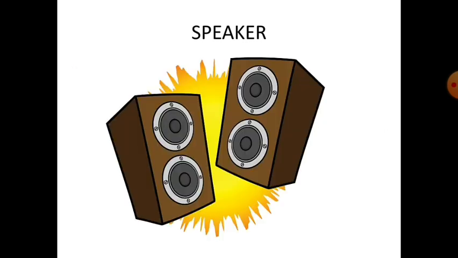Now next is the speaker. A speaker is an output device which generates audio output. It is generally used with computers to play music or sound. Normally they come in a pair or have different shapes and sizes.